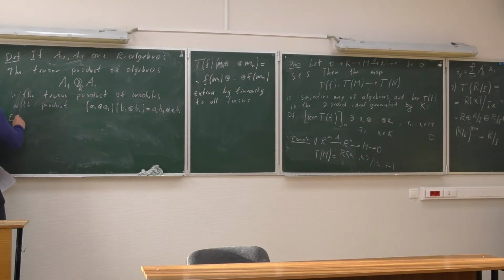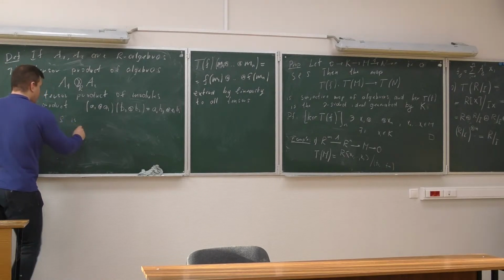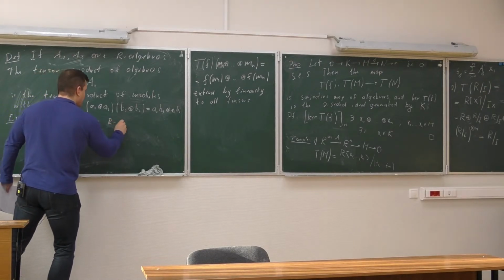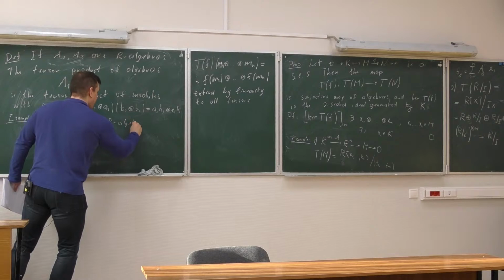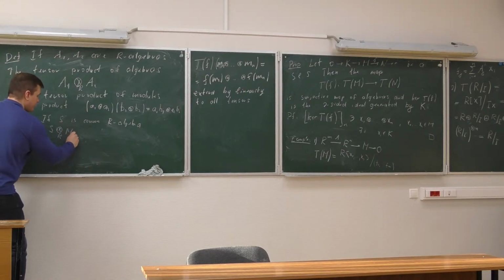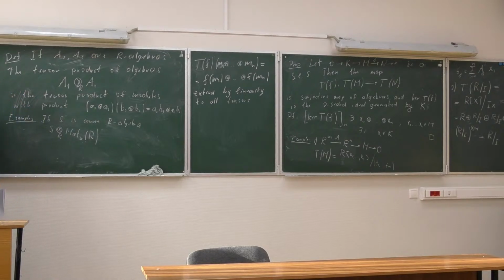Examples are the following. Well, for example, if S is a commutative R-algebra, you can take the tensor product of S over R, say with the matrix algebra over R. What will be the answer for this tensor product?